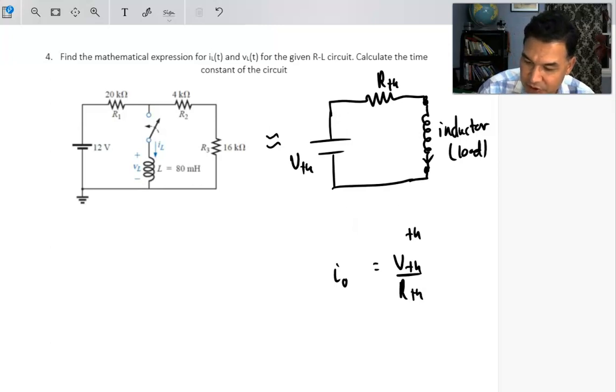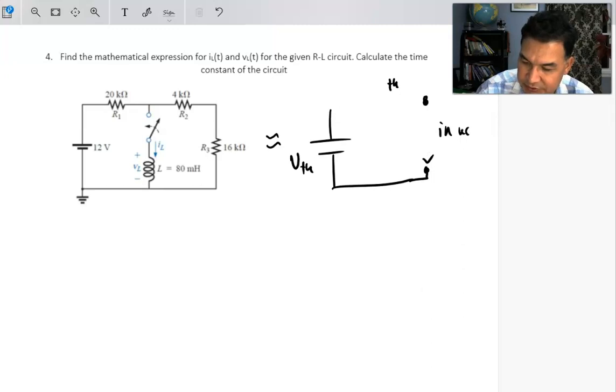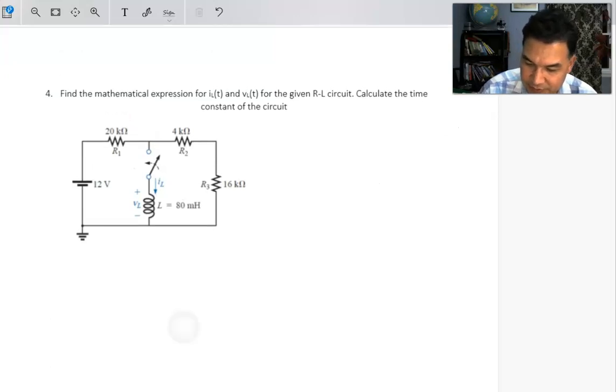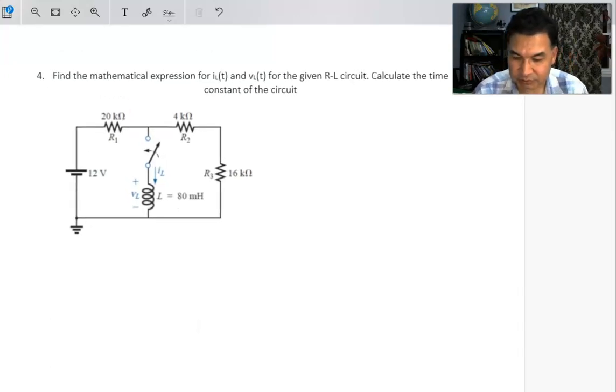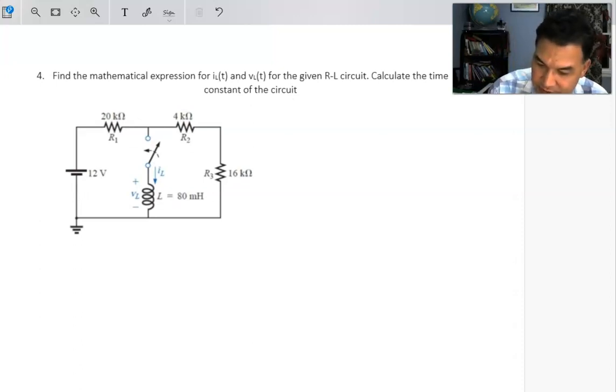So first your job is to find the equivalent Thevenin's resistance. Remember how to do the Thevenin's equivalent. The load is removed, so the inductor is already removed here, before you close the switch. And then this equivalent circuit will be something like that.